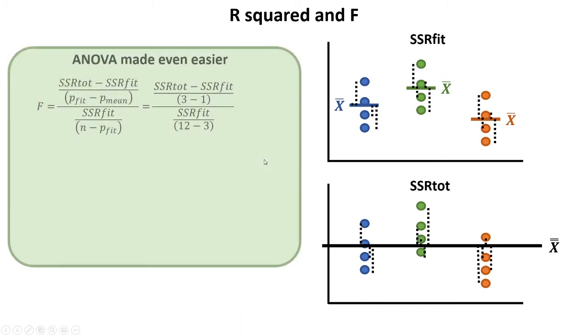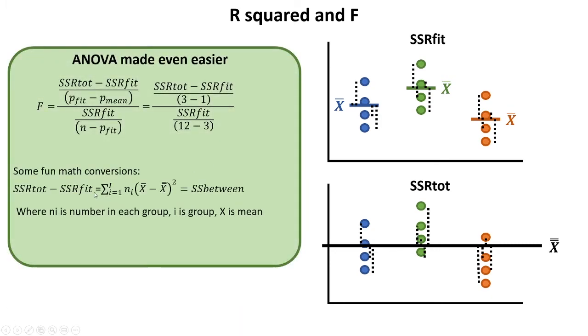And there's a few other cool mathematical things I wanted to run through with you. So one math conversion here is that this sum of squares residual total minus sum of squares residual fit is equivalent to saying the sum of squares between, right? So this is the sum of squares between groups, which is this top term, between groups. And you can also calculate it by saying, okay, I'm going to take the mean of blue minus the grand mean squared, multiplied by the number in the set.